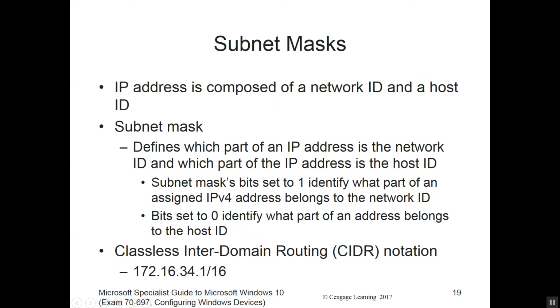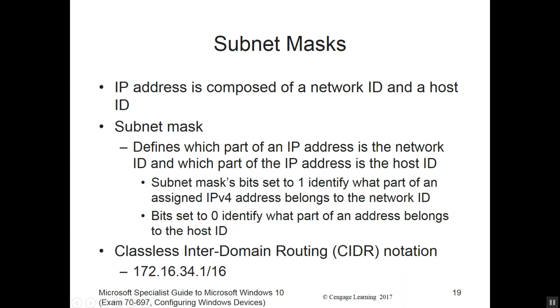Now, an IP address is composed of a network ID and a host ID, and the subnet mask defines which part of an IP address is the network ID and which part of the IP address is the host ID.